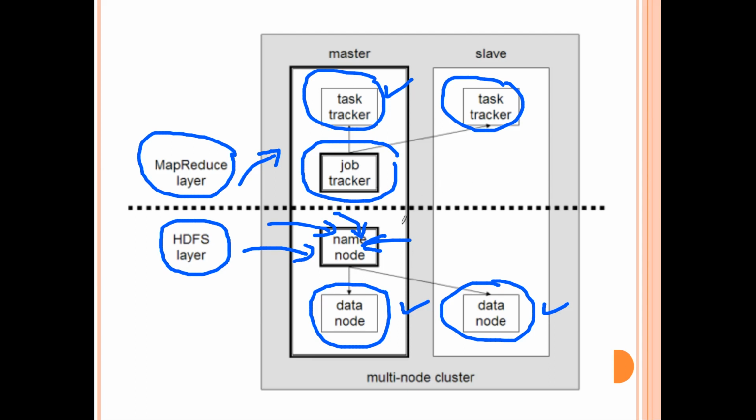So if you say all together, HDFS maintains the data related activities like maintaining the description of all the data present in different nodes, that is the name node, which is connected to different data nodes of various nodes, different machines. Similarly, MapReduce consists of the job tracker, which is connected to different task trackers of various nodes.